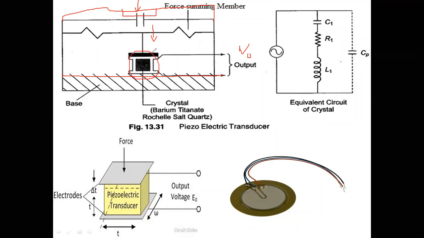The alignment of the charged particles is going to be varied, or a deviation in the charge particle alignment will take place, and I am going to acquire some output voltage here.